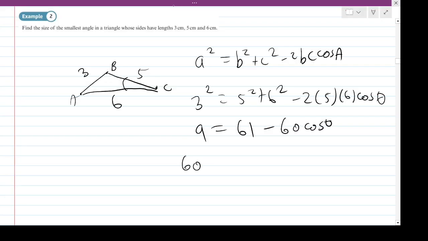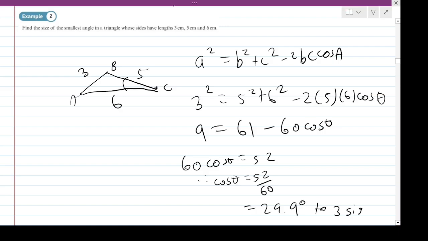So 60 cos theta is 61 take away 9, which is 52. Therefore cos theta is 52 over 60. If I inverse cos that, I get 29.9 degrees to 3 sig figs.